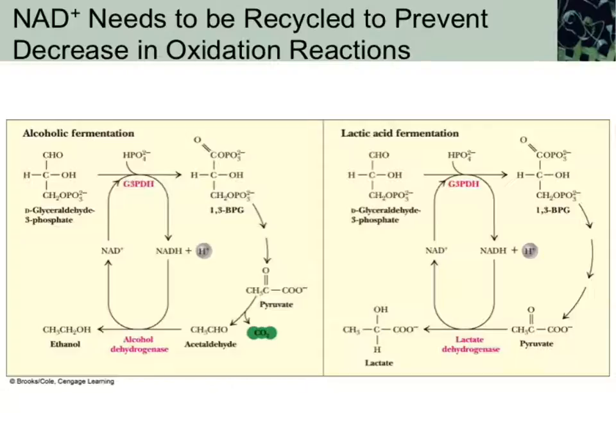They've gone through and shown 2 different ways to do this. Lactic acid fermentation, which is what happens in mammals, I think, exclusively. And then alcoholic fermentation, happening in bacteria and yeast.